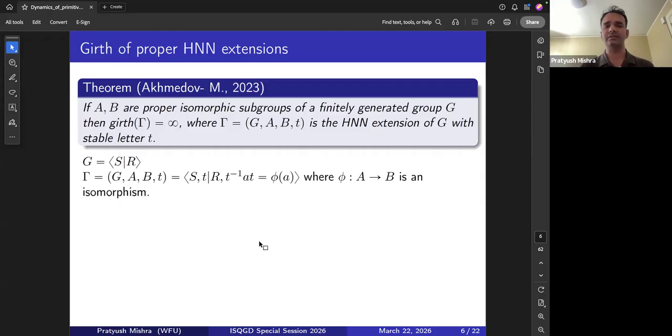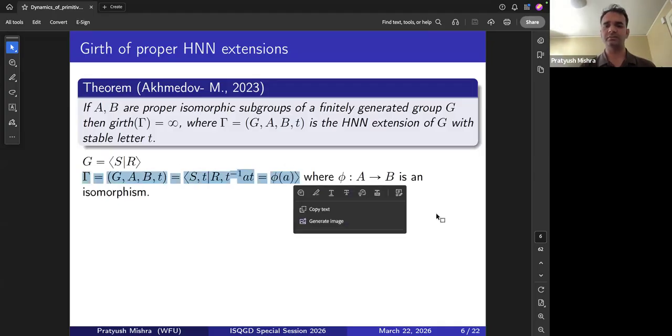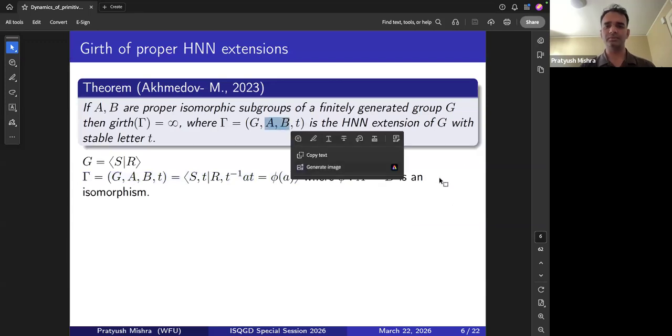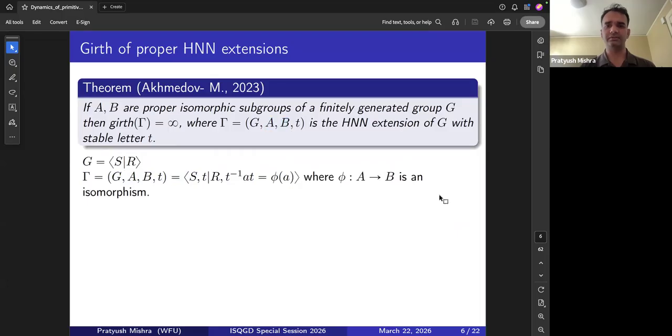The idea is essentially, given a group, if I have two isomorphic subgroups, then one would like to construct a bigger group where the subgroups A and B are not just isomorphic, but they are conjugate. So you literally declare them to be conjugate. The bigger group is what we call the HNN extension. And we are able to show that as long as the subgroups are proper subgroups, then the girth is always infinite.